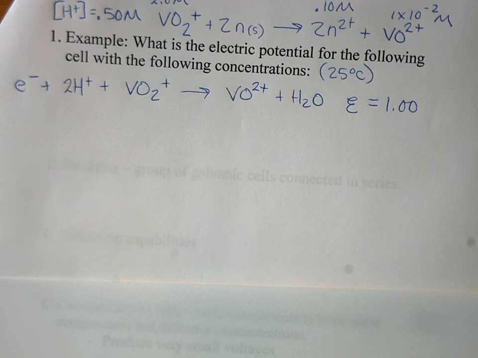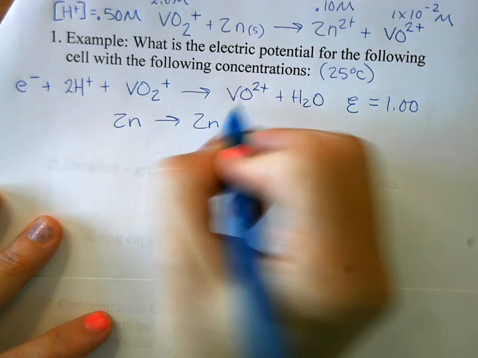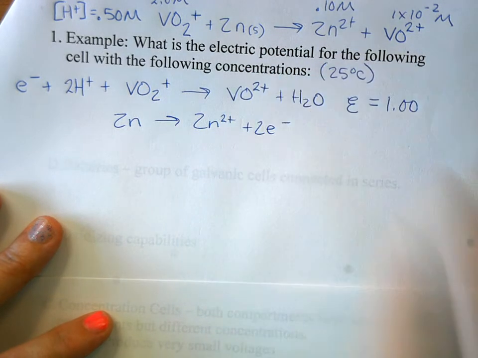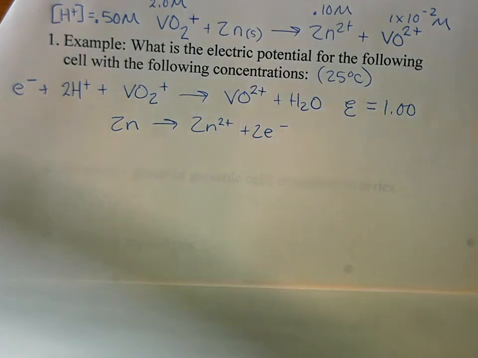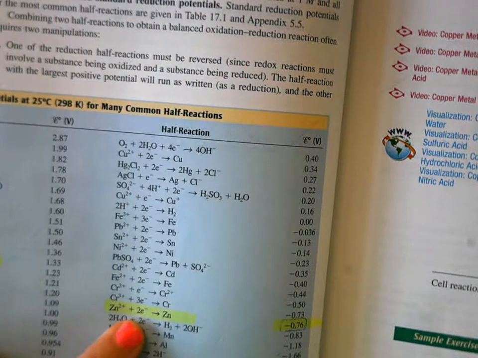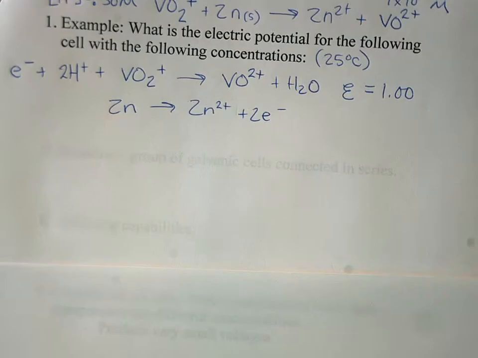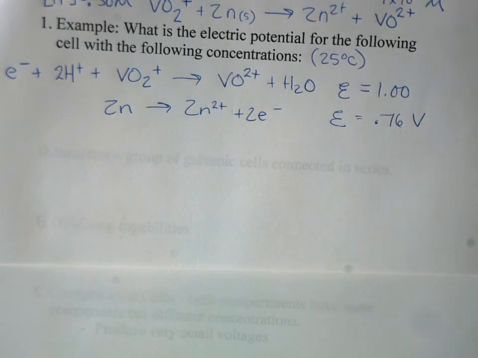Okay, then I need to look up the other half reaction, zinc 2 plus, and this one's easy, plus 2 electrons right there. Looking that up, I need to flip it because the chart has zinc 2 plus plus 2 electrons going the other way, so I need to flip my electric potential to be 0.76 volts.